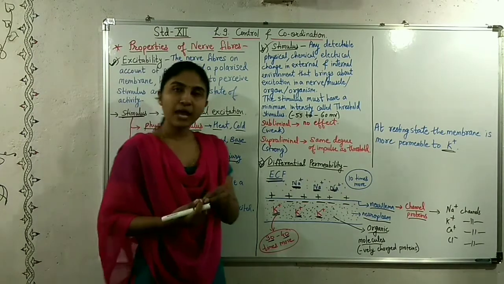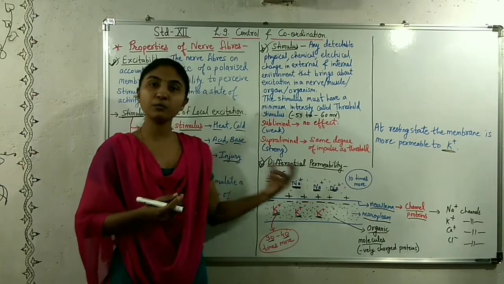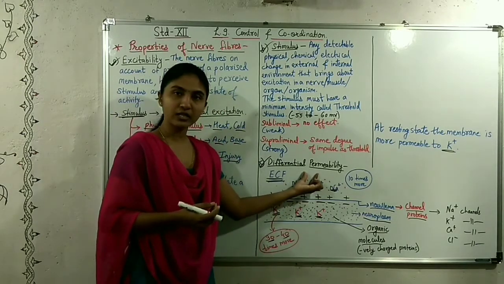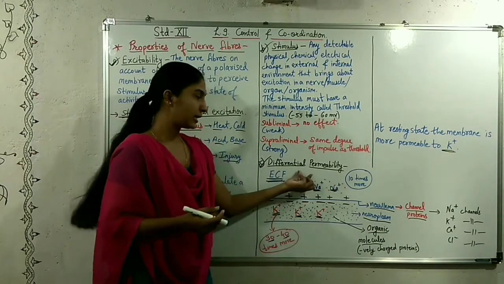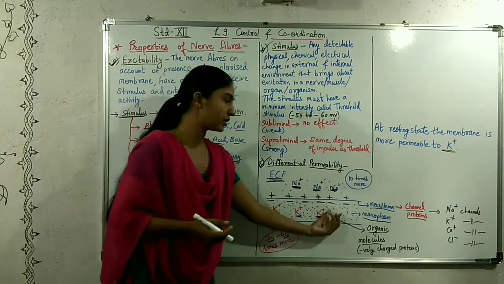So sodium and potassium ions are present on both sides, outside the membrane in the extracellular fluid and inside in the neuroplasm.